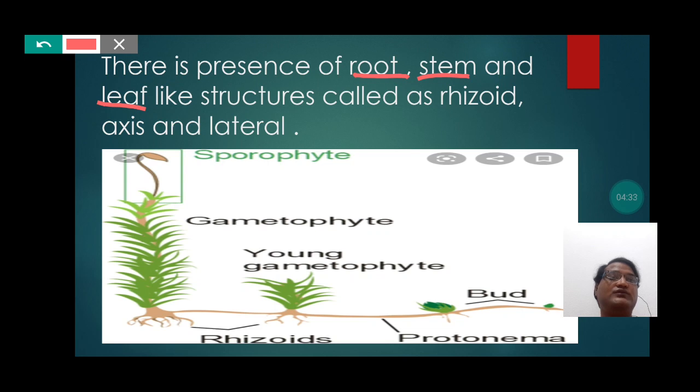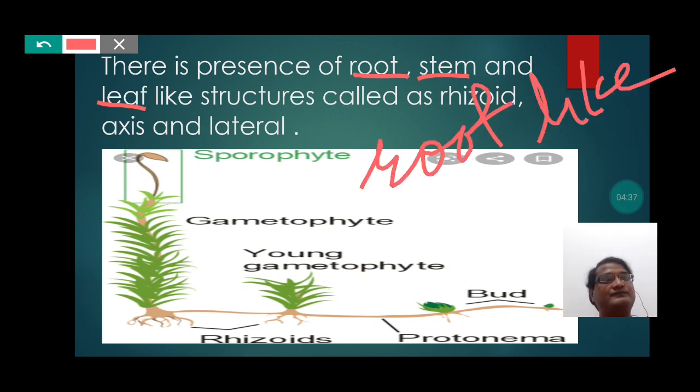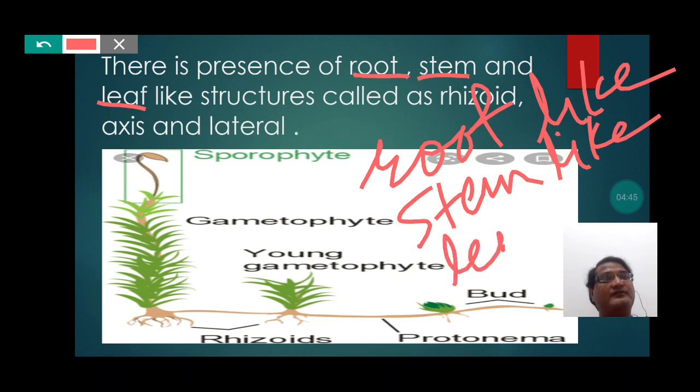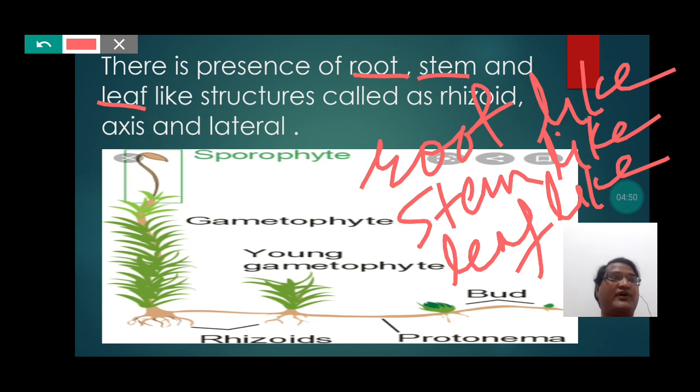Rather, root-like structures, stem-like structures and leaf-like structures remain present in bryophytes. Students, the root-like structure is called rhizoids, which you can see here. So students, these are the root-like structures which remain present in the bryophytes.